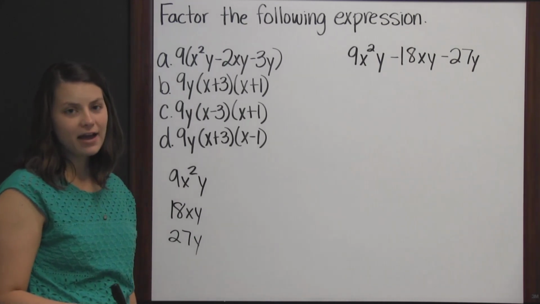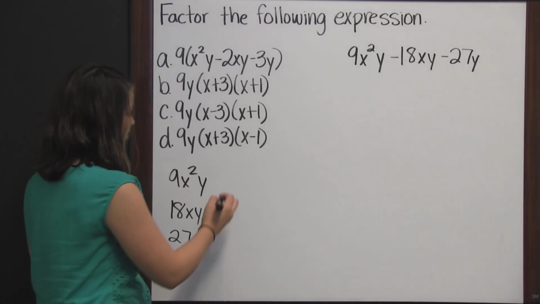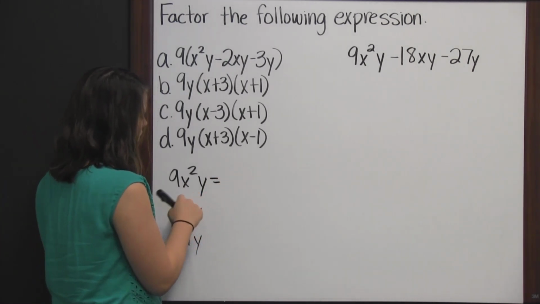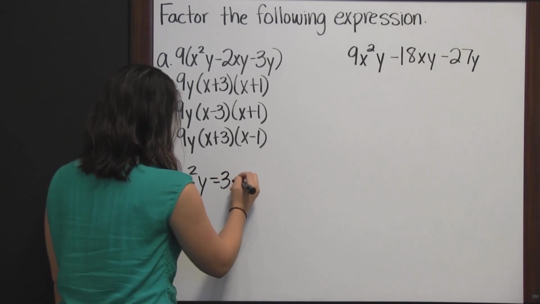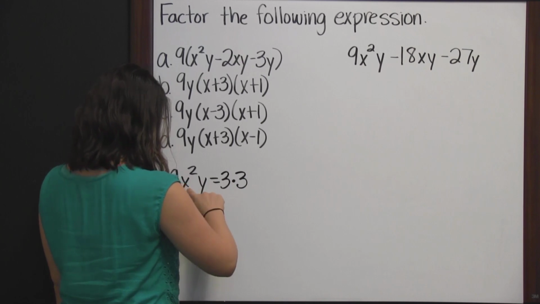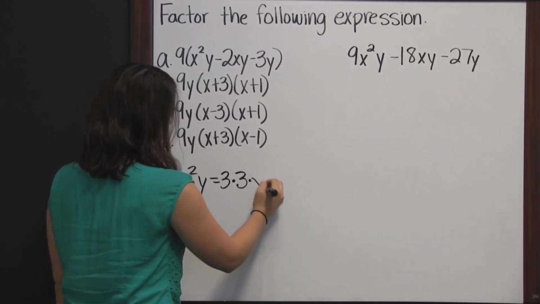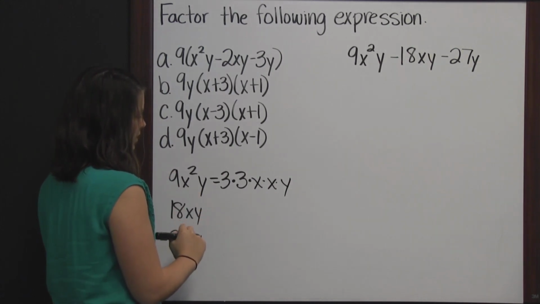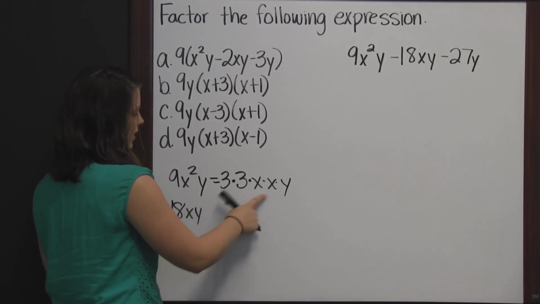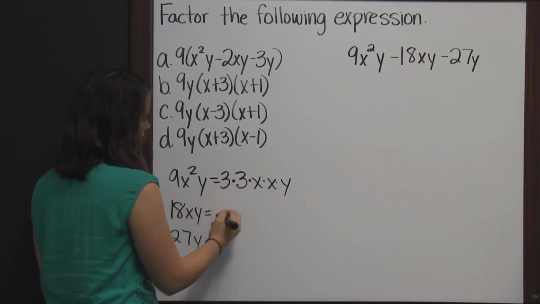And then I'm going to factor them to see if I can find a GCF. The prime factorization of 9 is 3 times 3, and then x squared, so that's times x times x, and then times y. So that is the prime factorization of this term.